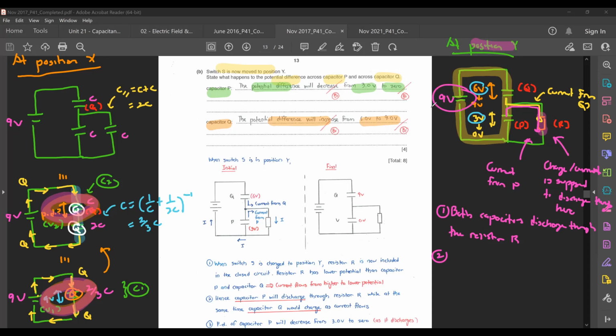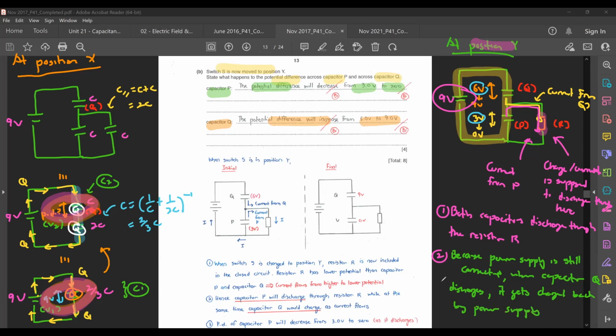Okay, so now when your capacitor starts discharging, at the same time, your capacitors are also still connected to your power supply. Because your power supply is still connected, when your capacitor Q discharges, let's just say Q first, when capacitor Q discharges, it gets charged back by the power supply.